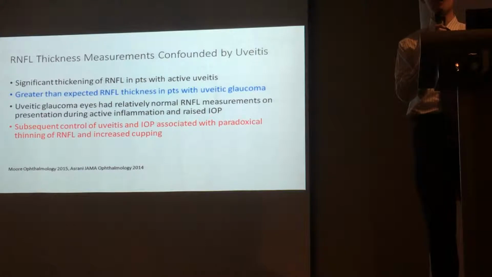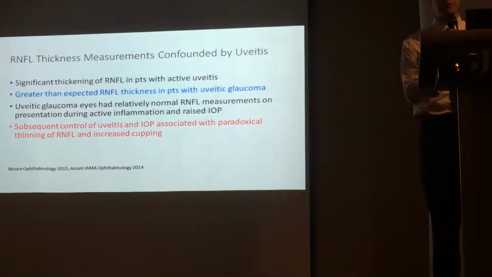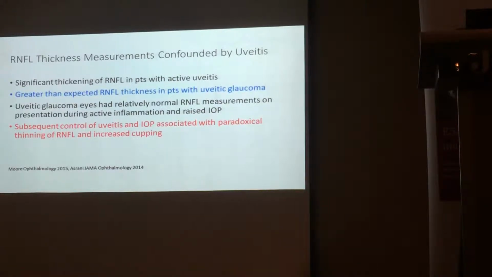Then you discover, wow, I had anticipated that the RNFL would be really severely damaged, but here I do the scan, it looks really good. Well, what can actually happen is that these uveitic glaucoma eyes appear to have normal RNFL measurements. They're all green, or maybe they even exceed green, during the time of active inflammation and raised IOP.